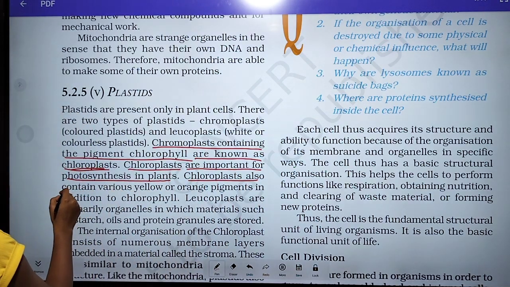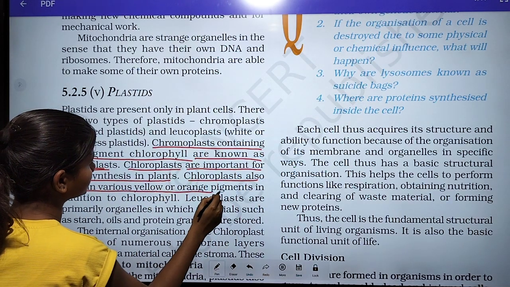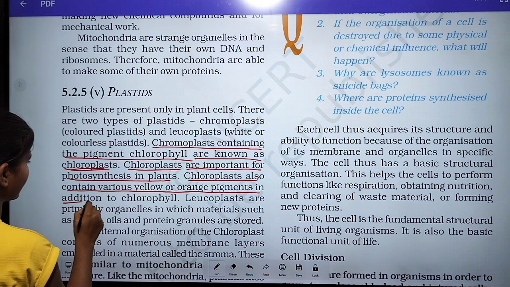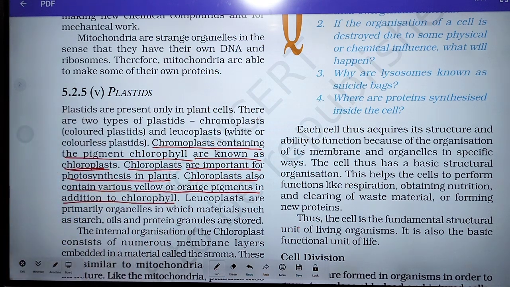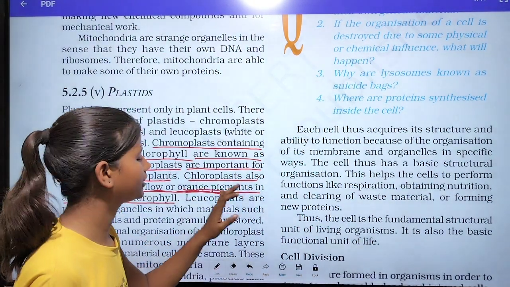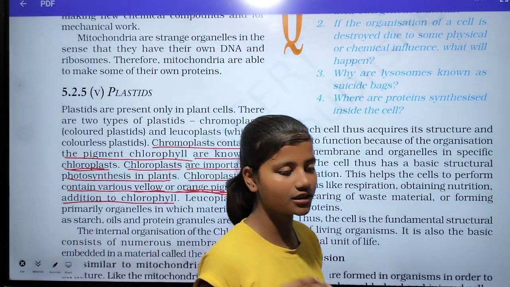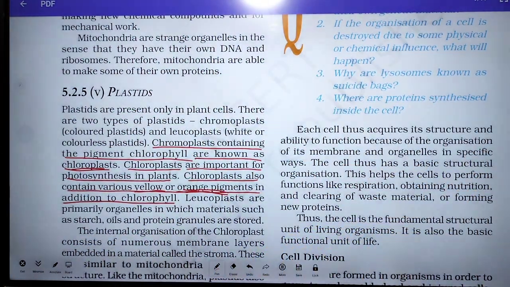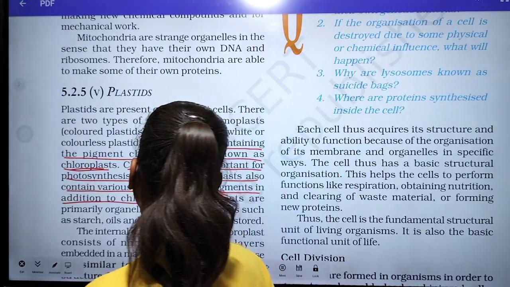Chloroplasts also contain various yellow or orange pigments in addition to chlorophyll.